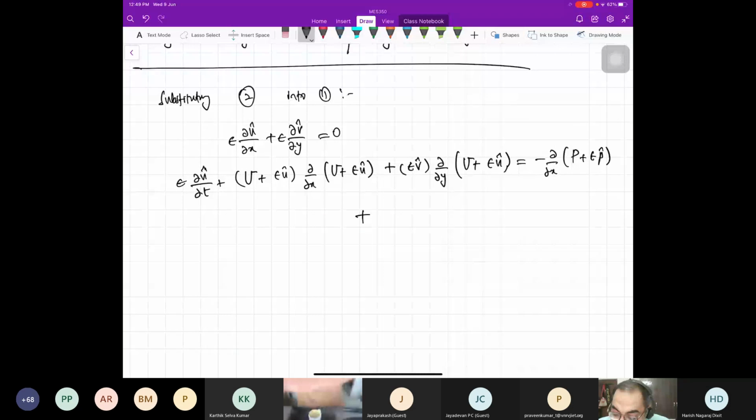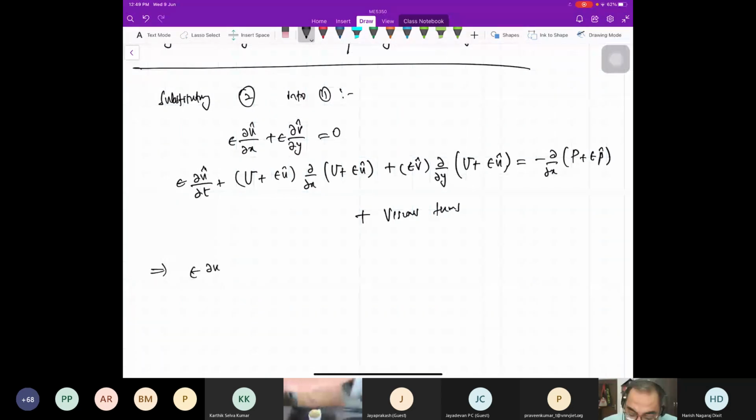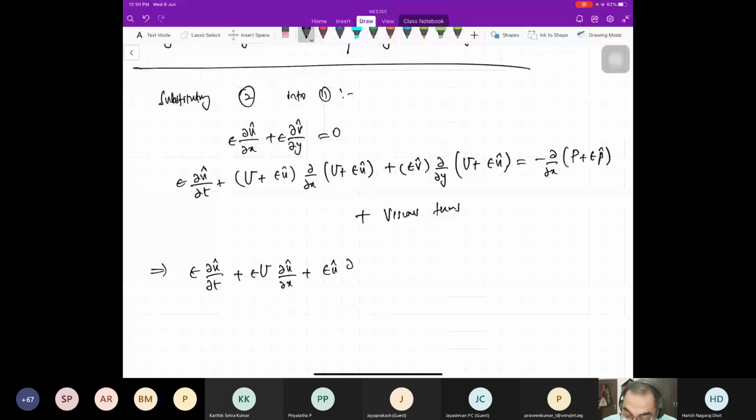Okay. We'll leave it at that. We'll not write the viscous terms right now. Let's look at this equation that I have. If I simplify it, what do I have? Epsilon del u hat by del t plus capital U. I have 4 terms that will come, but 2 of them will be 0. I'll have capital U epsilon del u hat by del x plus epsilon u hat del capital U by del x.